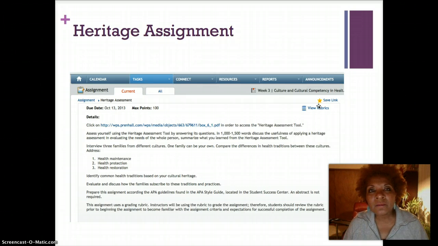So again, in closing, we're looking at the ability of the community health nurse to understand heritage and culture, and what meaning this brings to your patients in terms of their health maintenance, protection, and restoration.